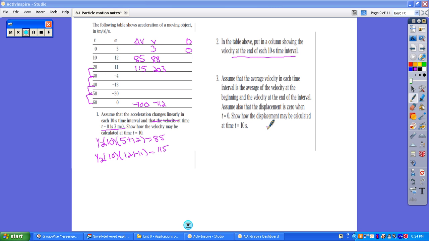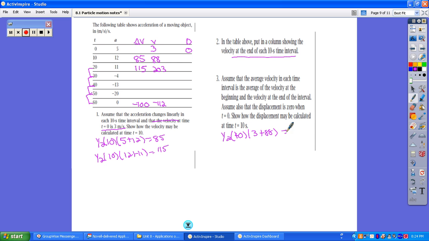So this is going to be the same idea. When we have the average velocity from the beginning and the end, we're going to do the area of the trapezoid again, but now we're going to use the velocity. So like for our first displacement, we're going to take 1/2 times the width again, which is 10, and then we're going to do 3 plus 88.